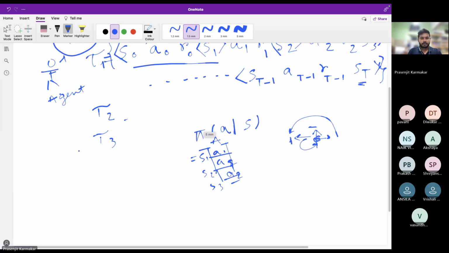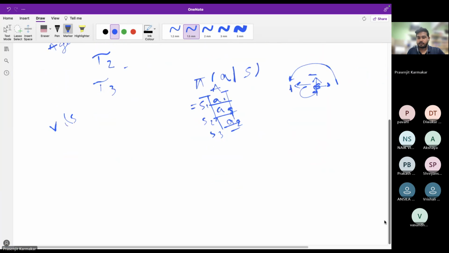Let's say I have a value function V(s), which is true at this point, and the number of times I visited the state is N(s).